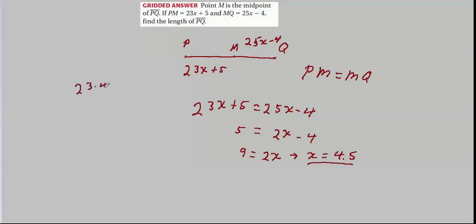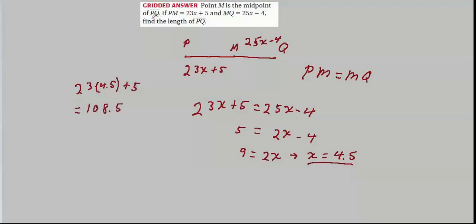23 times 4.5. I guess you should use parentheses there. It's easier to see. Plus 5. And what does that turn out to be? Well, this equals 108.5.